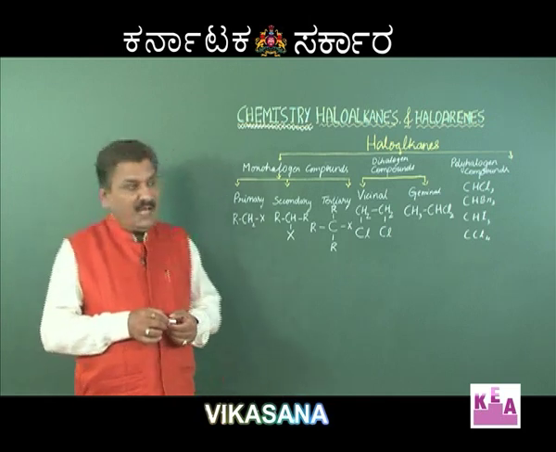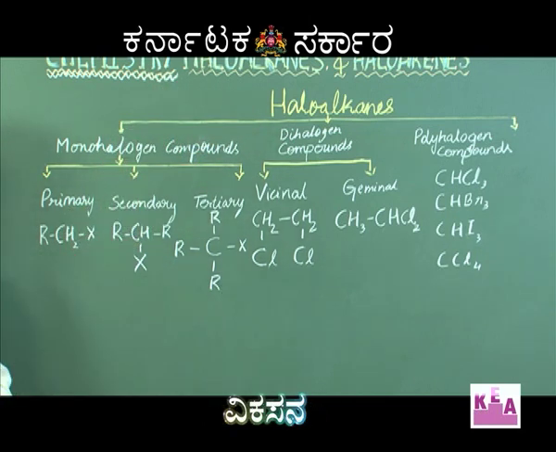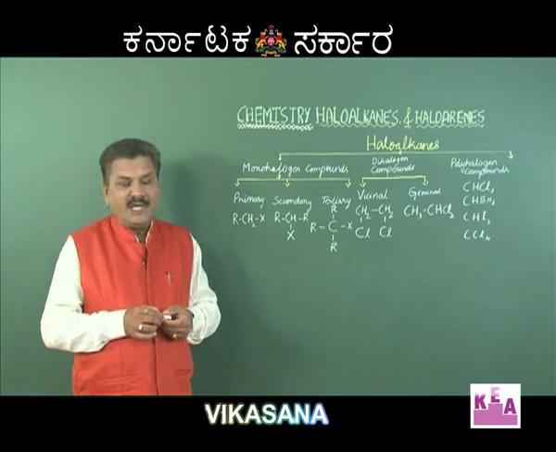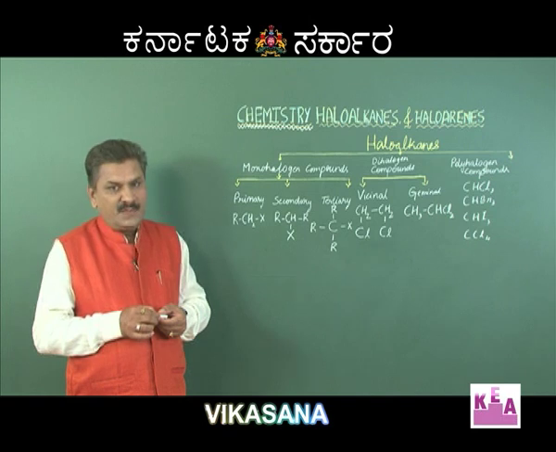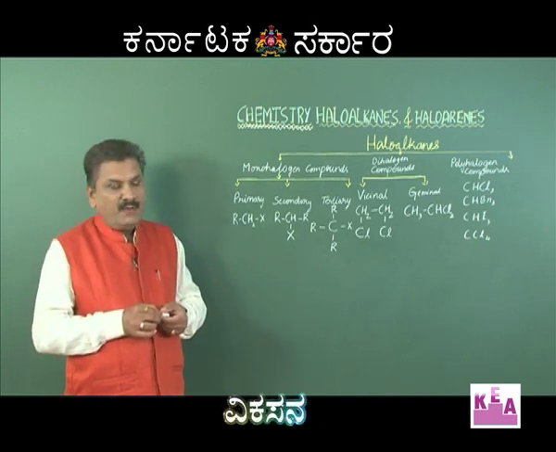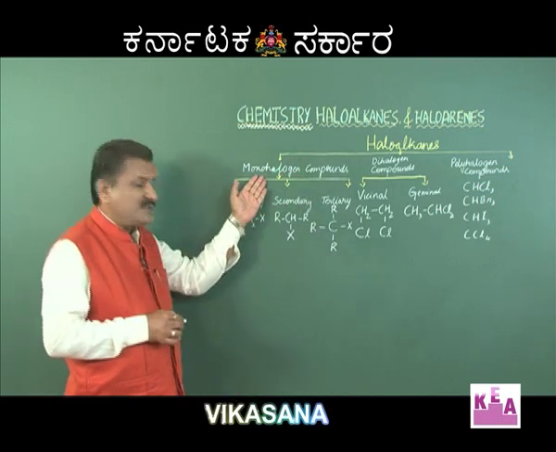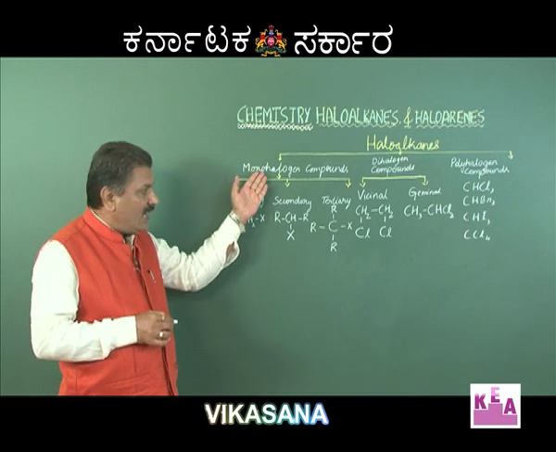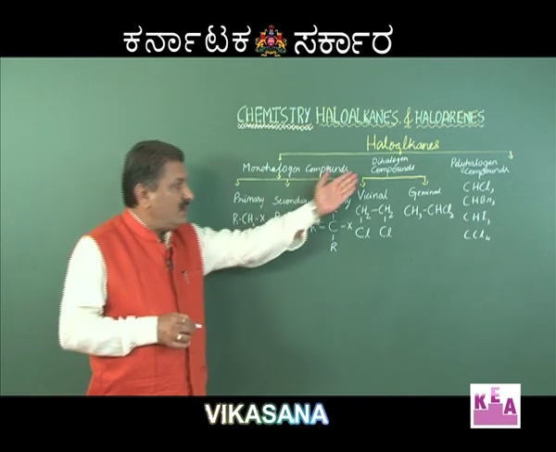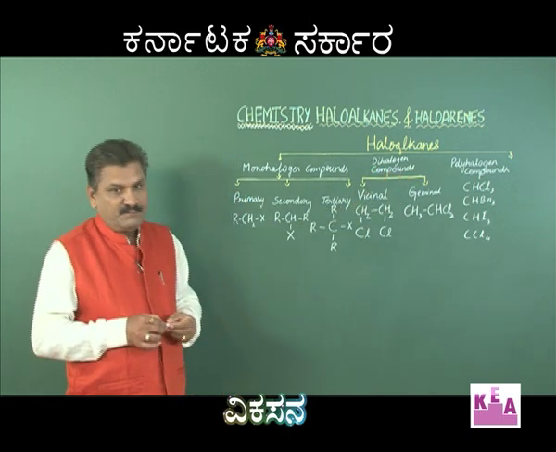We know that haloalkanes are halogen derivatives of alkanes. In these, one or more hydrogen atoms of the alkanes are replaced by halogen atoms. Depending on the number of halogen atoms present, we have classification of haloalkanes into different types as monohalogen compounds, dihalogen compounds, and polyhalogen compounds.